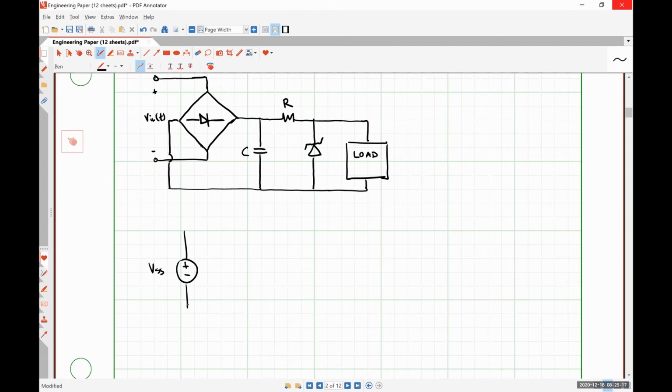VSS is the variable source voltage. All right. So in this circuit, VSS would effectively be here. It's some DC value with a small amount of fluctuation.